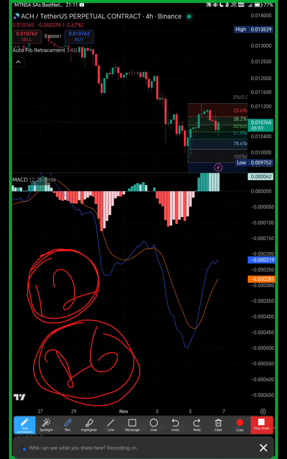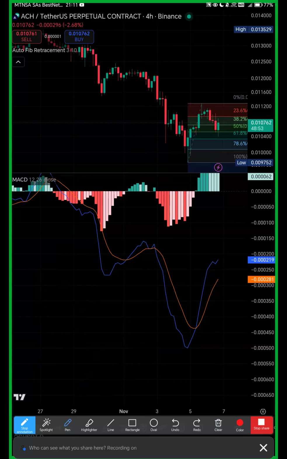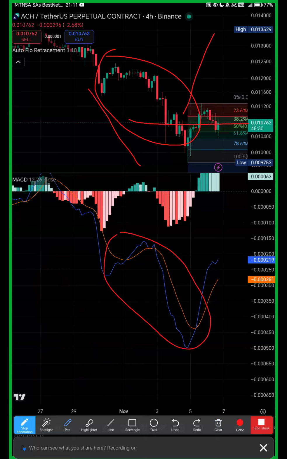When these moving averages are moving, they give you a signal of what is happening with the price. Is it going upward, downward, or sideways?